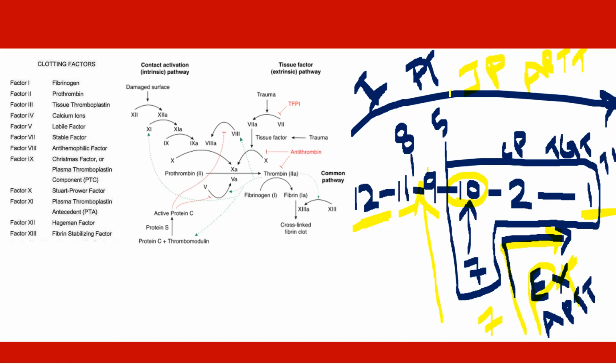So intrinsic pathway disorders can be detected by APTT, and extrinsic pathway disorders can be detected by PT. PT stands for prothrombin time, whereas APTT stands for activated partial thromboplastin time. So APTT will give us the status of the intrinsic pathway, whereas PT will give us the status of the extrinsic pathway. Now let us discuss what these individual lab tests are.